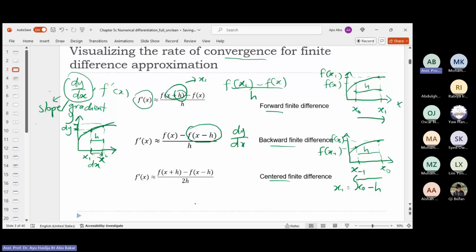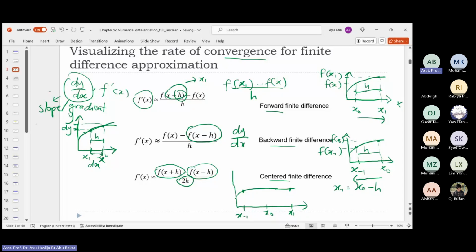Now for centered, you see over here you have h, 2h, and the terms f(x plus h), f(x minus h). This is x naught, x1, x negative 1: one step ahead, one step backward. So you have these points.